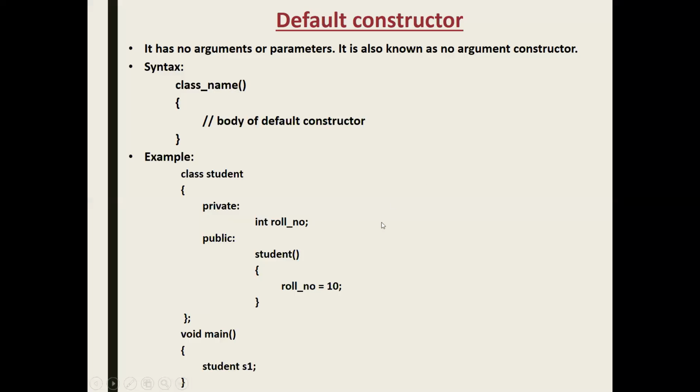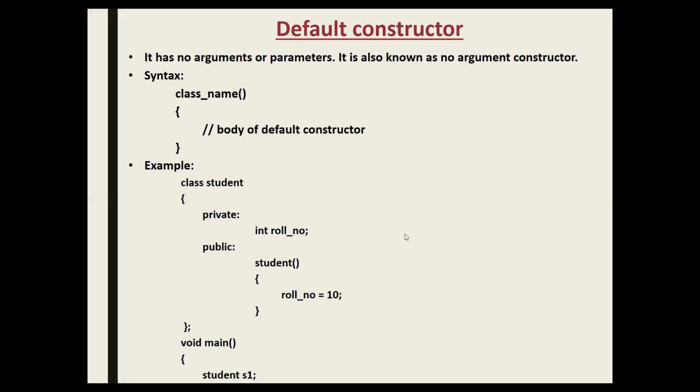So this is another example. This is another example for the default constructor: class student, private, public, and then main function, right?